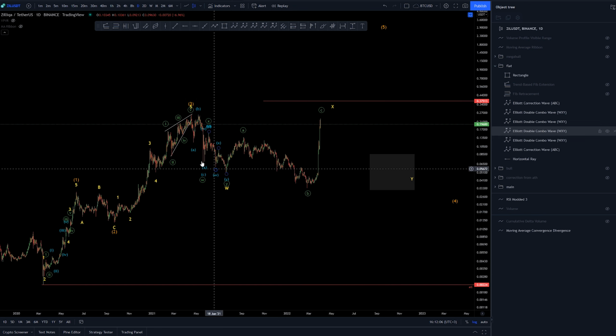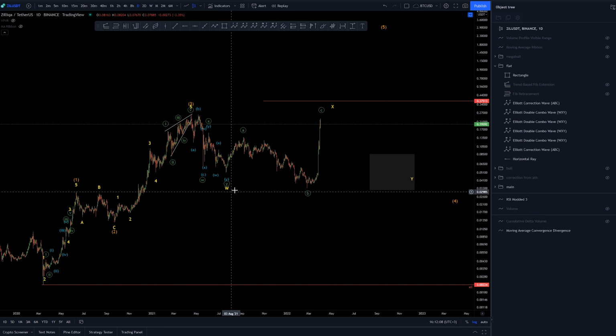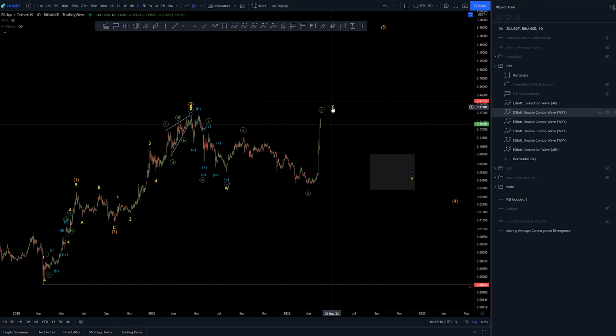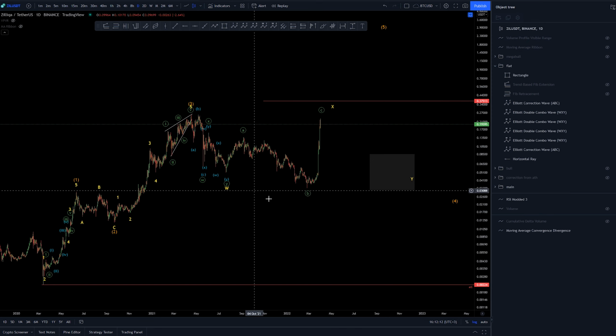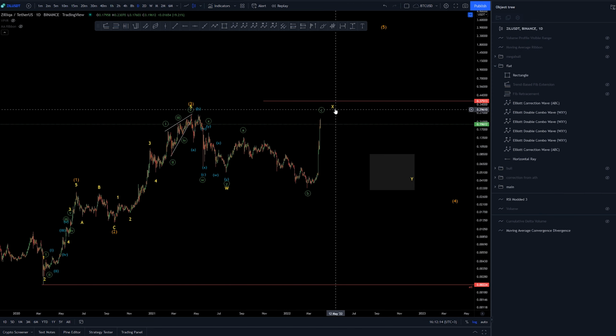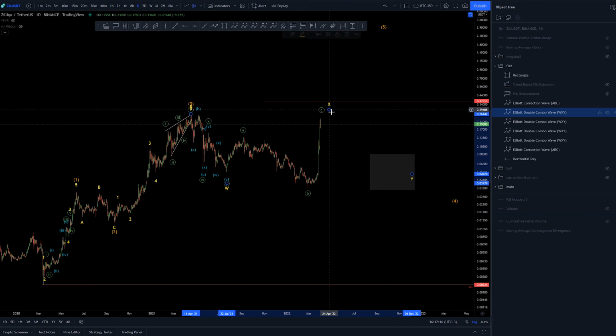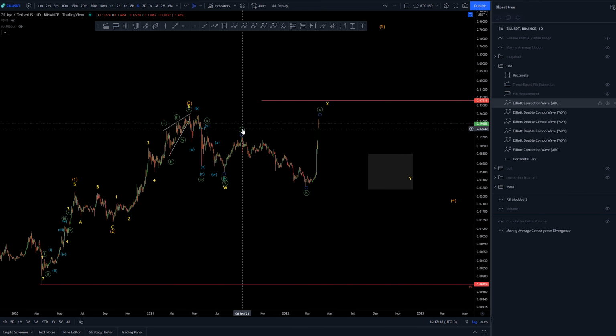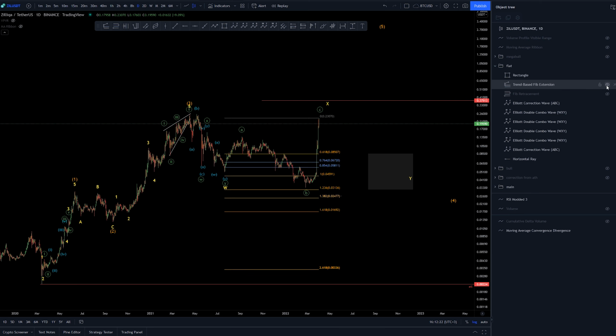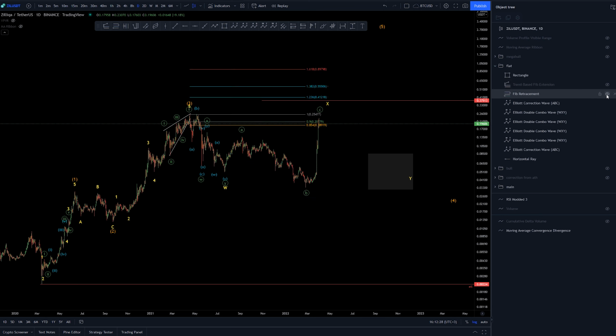Okay, this is another idea where we have W, X, Y, and currently making the X. Instead of having the X here, we are placing it here and having ABC here. And what is this? Oh, this is for the Y wave, okay.